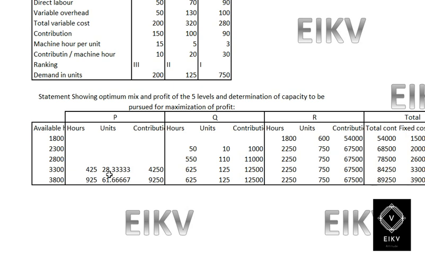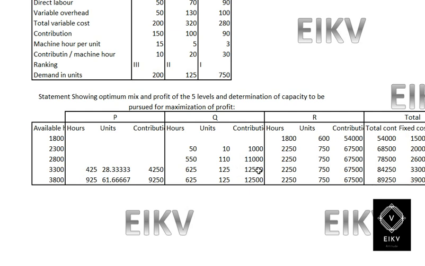If the hour allotted is 3,300 hours, then the quantity which we can produce of product R will be 750 units, and the remaining hours will be taken for the maximum production of product Q, which will be 125 units. That is, we have an excess amount of 625 hours.